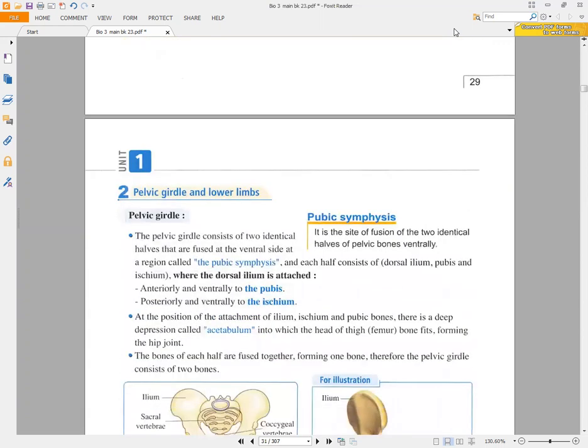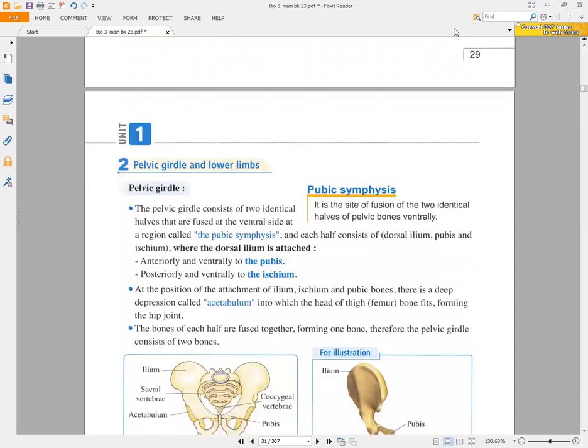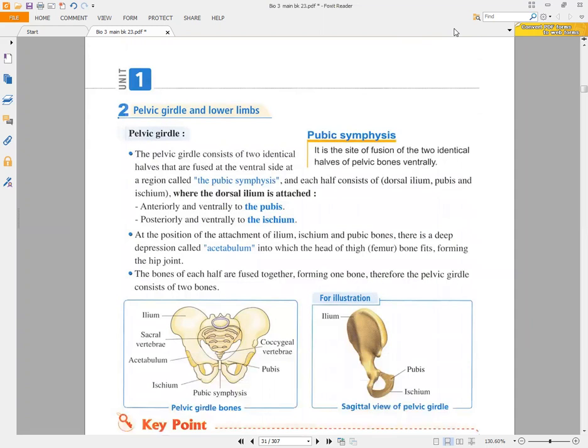So the radius bone will help in the movement of the wrist, okay. After that, we will talk about the pelvic girdle and the lower limbs. The pelvic girdle consists of two identical halves, and each half is attached to the other, so you will have two fused bones. If you want to find the articulation between the two halves of the pelvic girdle, you will find that they are attached by the sacral vertebrae.